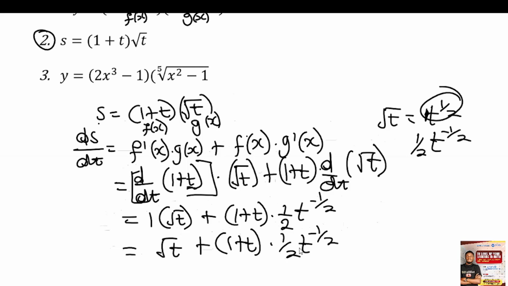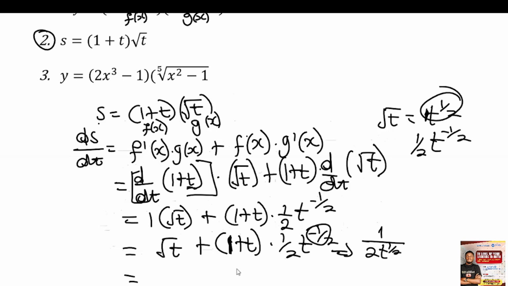Okay, so now we can simplify this one. We know that this is 1 on t times t exponent negative 1 on 2 is equal to 1 on 2 times t exponent half because of this negative.